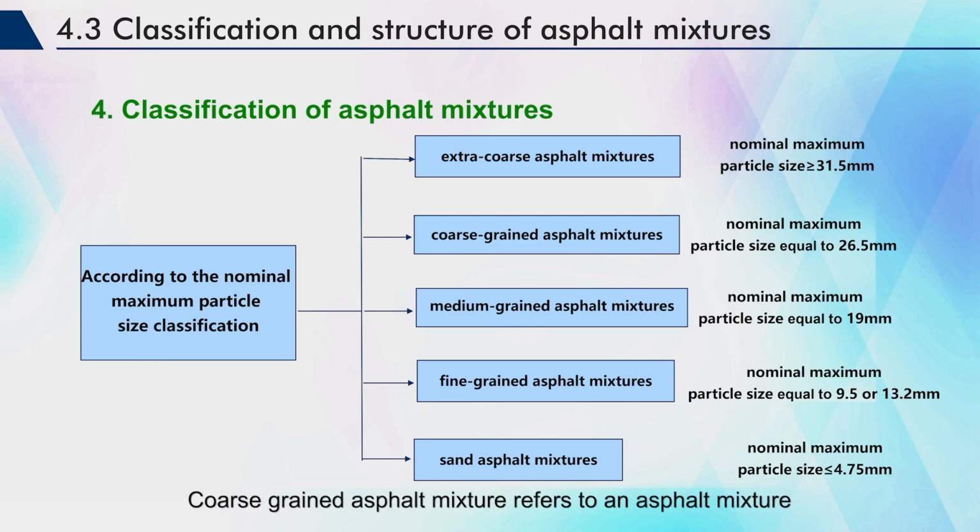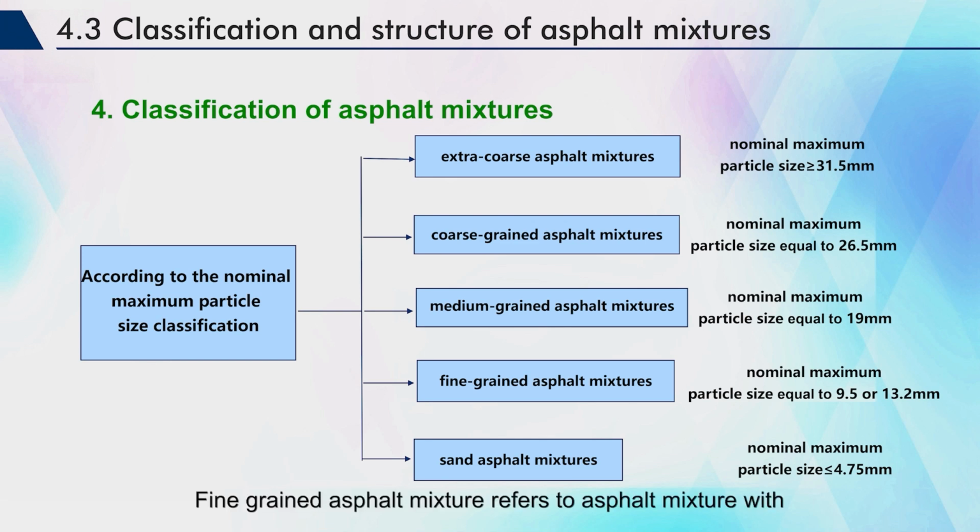Coarse-grained asphalt mixture refers to an asphalt mixture with a nominal maximum particle size of 26.5 millimeters. Medium-grained asphalt mixture refers to asphalt mixture with a nominal maximum particle size of 19 millimeters.